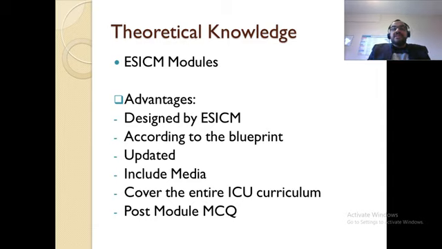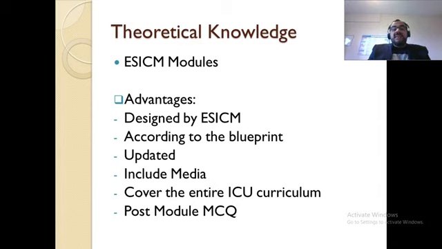The advantages of the ESICM modules are they are designed by ESICM, which is the main body that controls and sets the exam. And it is designed according to the blueprint provided by the ESICM. And it is obviously updated, and it is being updated continuously.